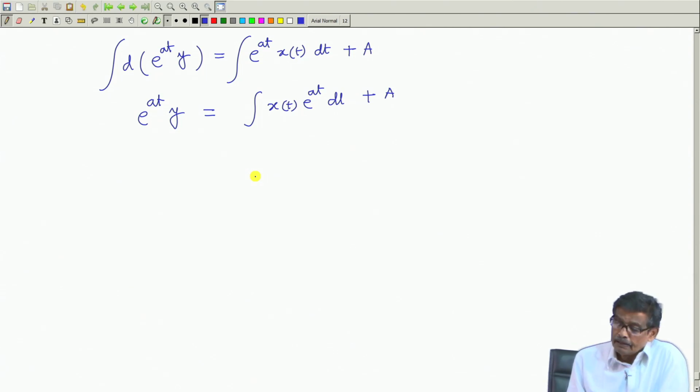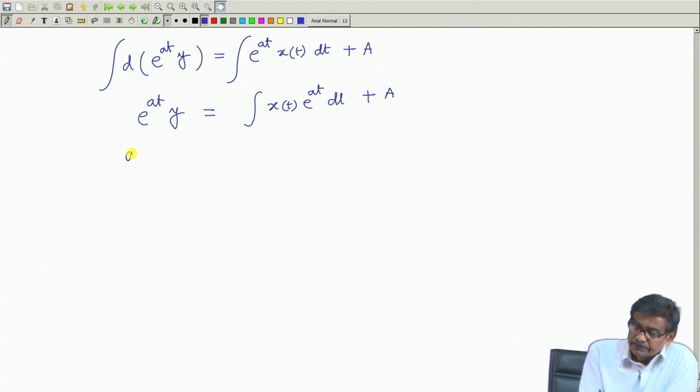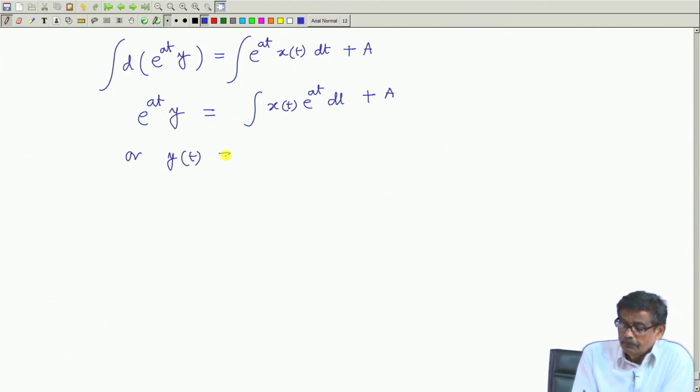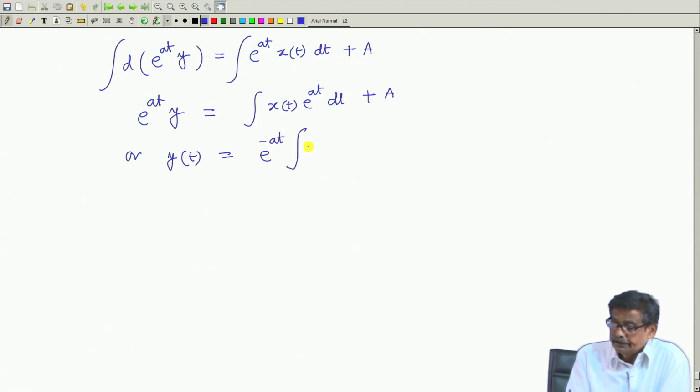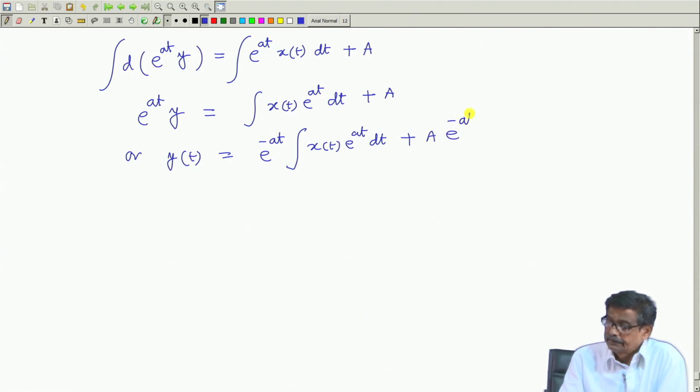So y(t) will be, multiplying both sides with e to the power minus a t, the integration of x(t) e to the power a t dt plus A into e to the power minus a t. This is the thing.